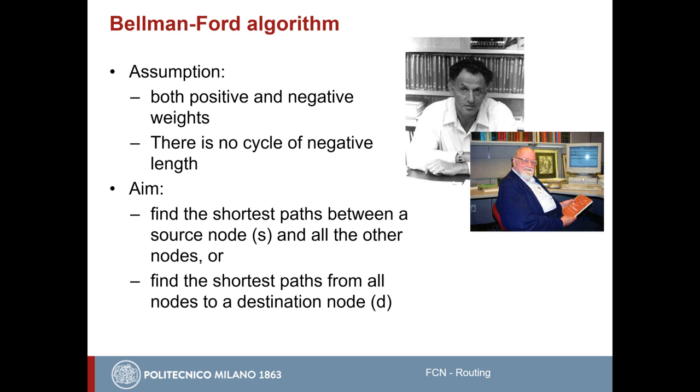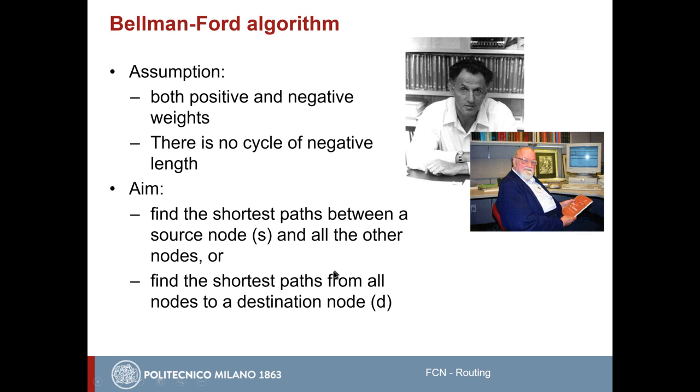Actually, the algorithm can be used in two ways: to find the path between a source node and all the other nodes, or to find the shortest path from all nodes to a destination node. They are exactly the same problem. It depends only on the application.